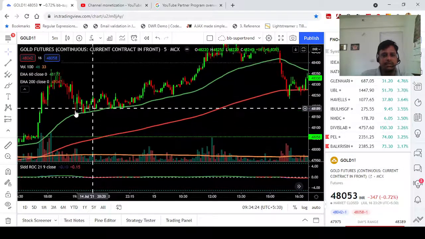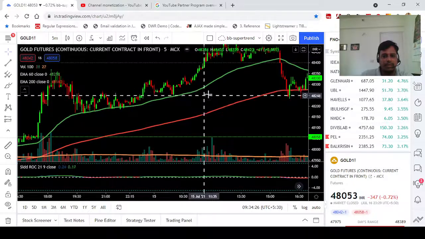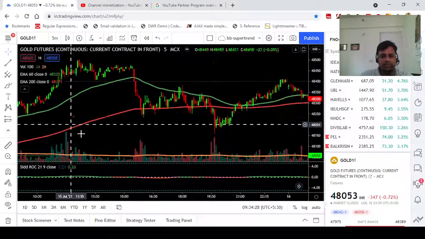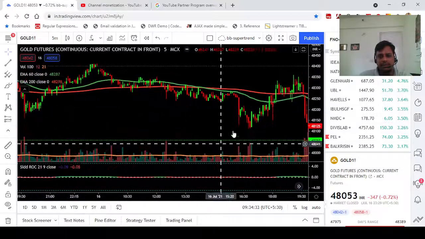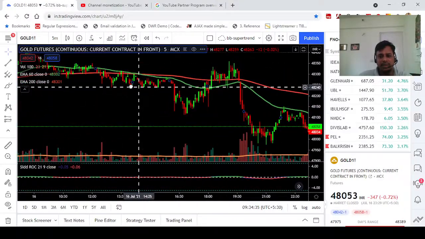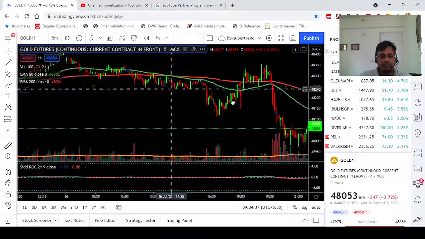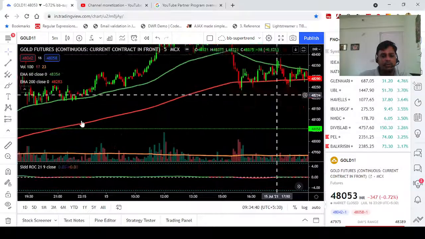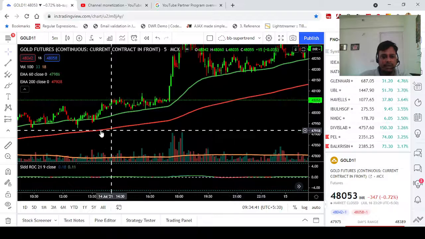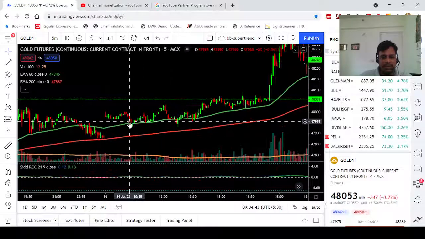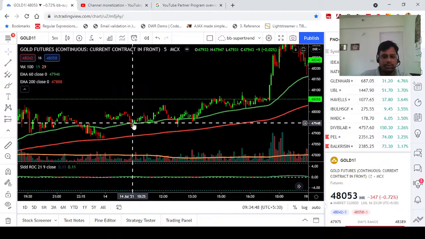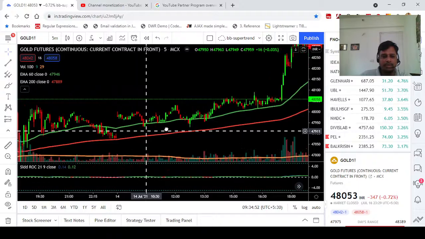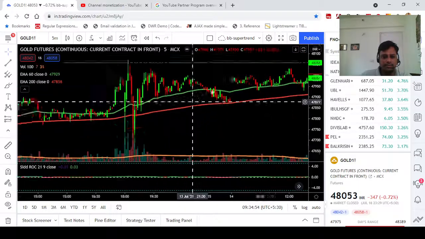If you see that near the 60 moving average, it is taking very good support. Correct. Beautifully, every time it comes near the 60 moving average, it takes the support, proper supports are there, then moves up. So 1% is your stop loss, target would be 2 to 3%.